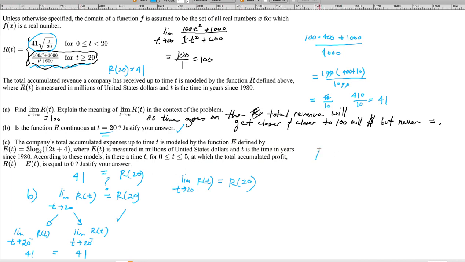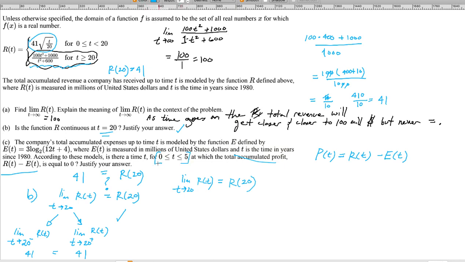So I'm going to write a function for total accumulated profit. P of t, which is the total accumulated profit, and they actually even give it to you, is equal to r of t minus e of t. And they want to know if it equals 0 at any point from t being 0 to 5.